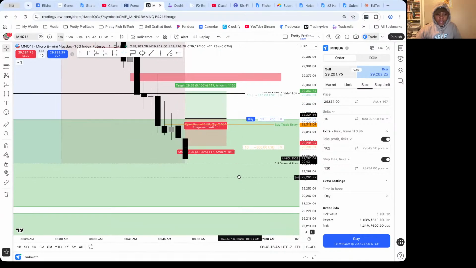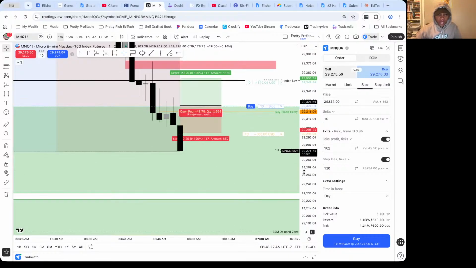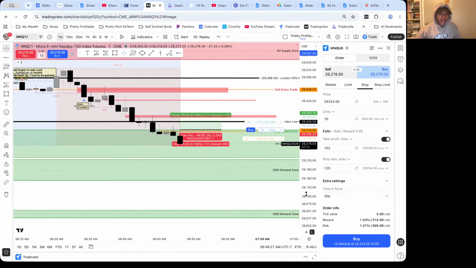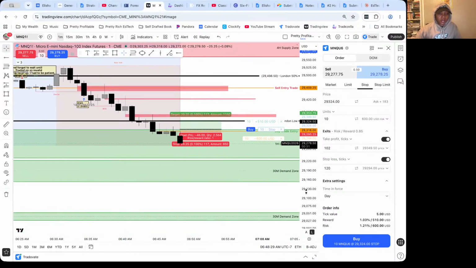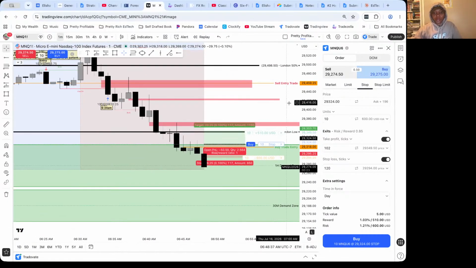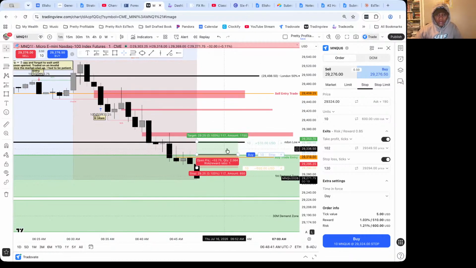The good thing is we also got two demand zones here. So let's see the direction. Okay. So technically, since the market has opened, it's been dropping. There is no news today.